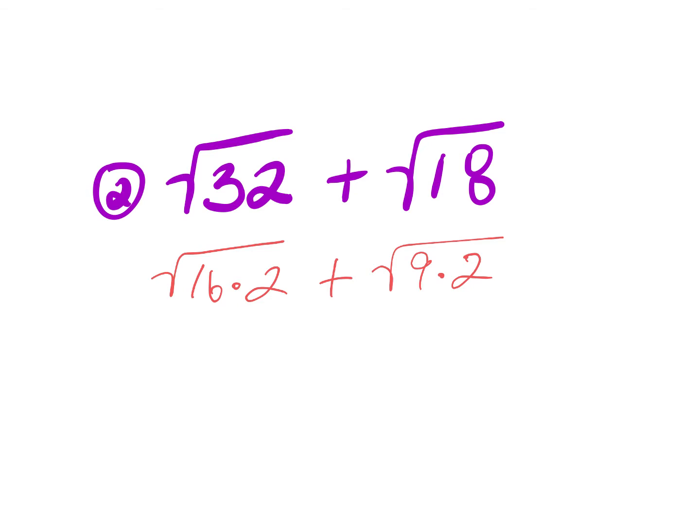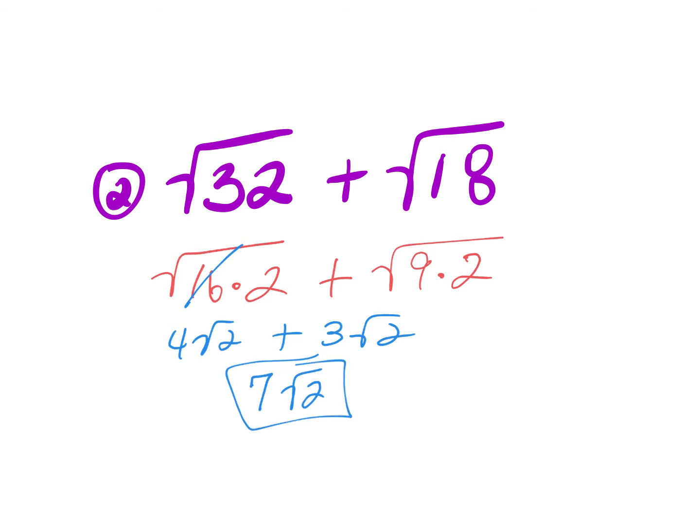You always want the biggest perfect square and not the smallest non-perfect square inside. So the square root of 16 is 4, so I have 4 radical 2, plus the square root of 9 is 3, so I have 3 radical 2. What is 4 radical 2 plus 3 radical 2? 7 radical 2. And there's our answer.